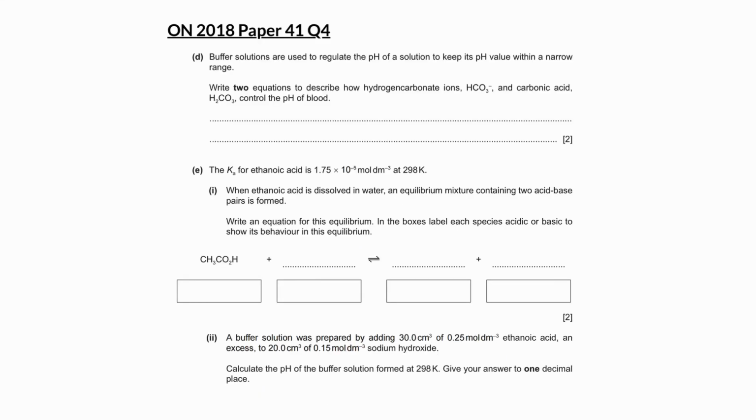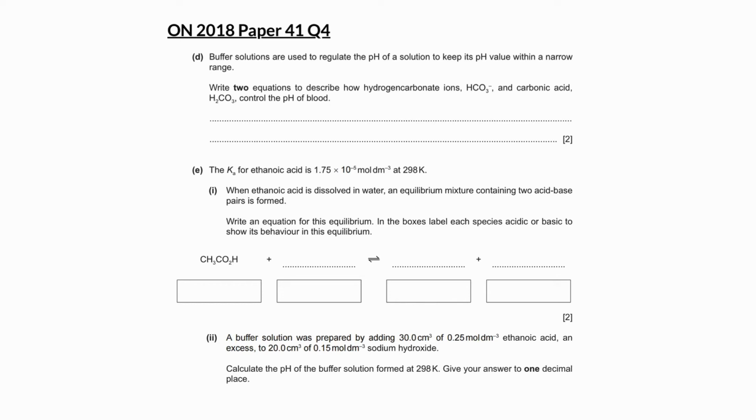Let's go into an example of past year questions, where we will move into October-November 2018, paper 41, question 4. Let's see the first question, where buffer solutions are used to regulate the pH of a solution to keep its pH value within a narrow range.